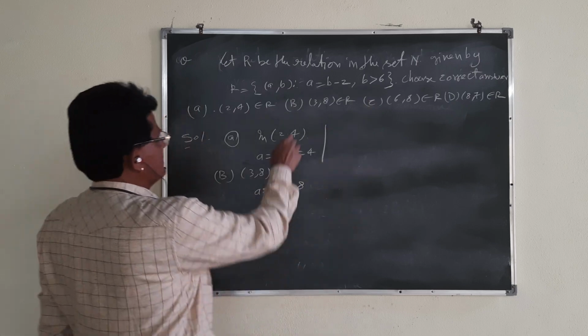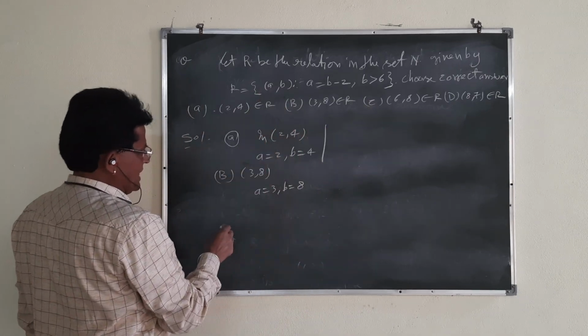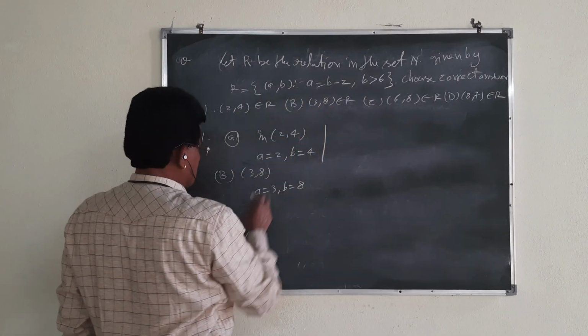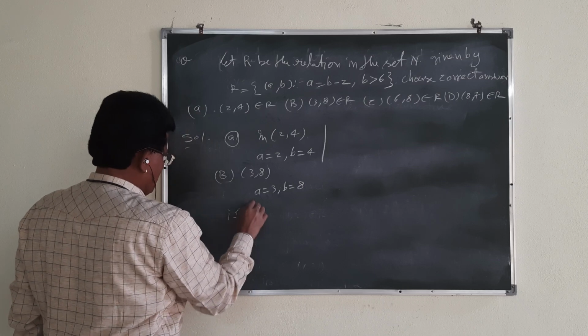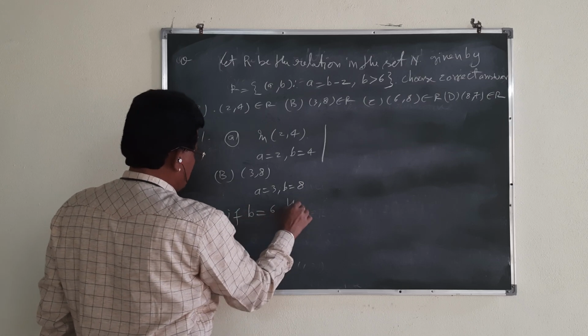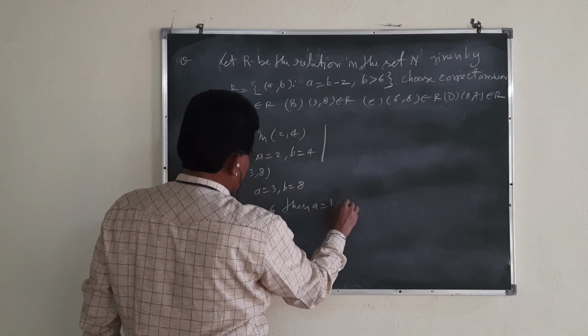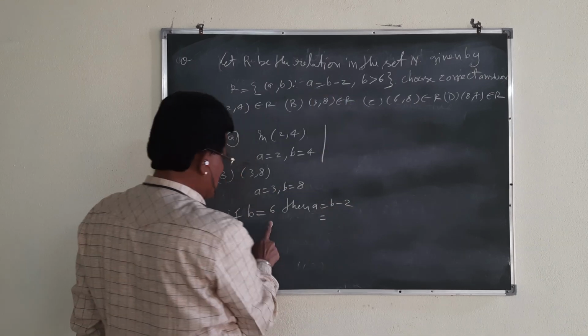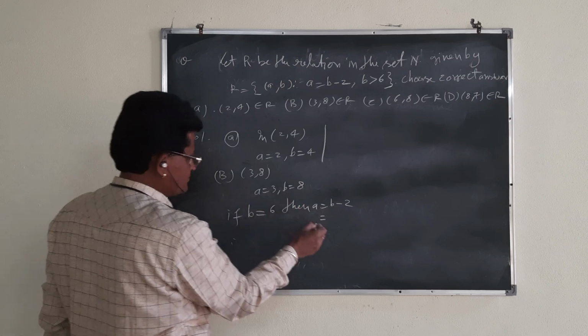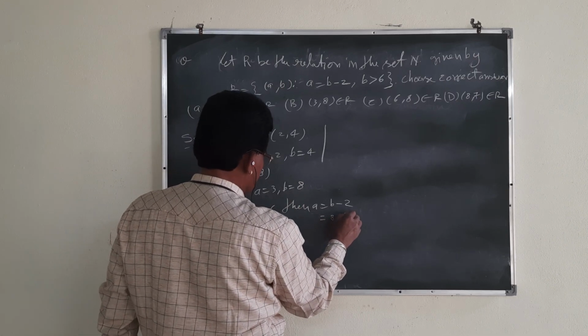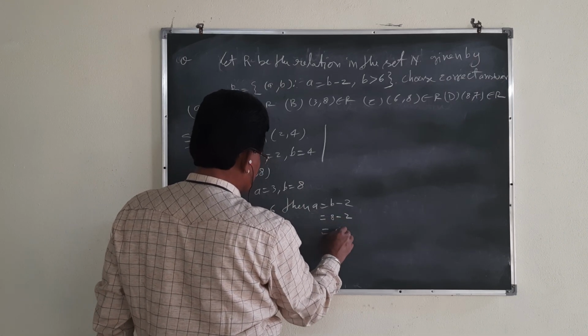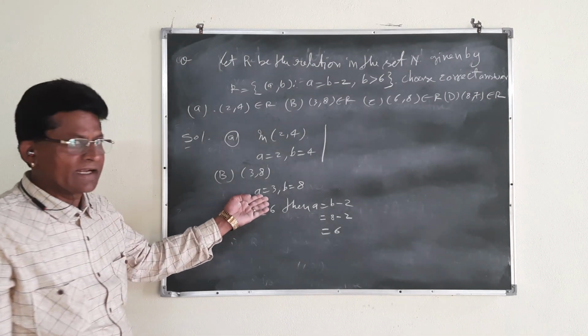Let me find out the value of a. If b is equal to 8, you apply this condition, a is equal to b minus 2. And b is how much? 8. 8 minus 2 will be equal to 6. That is why B is also not correct.